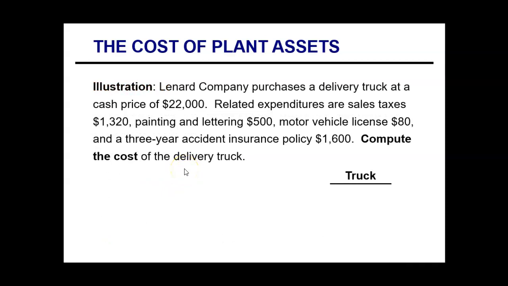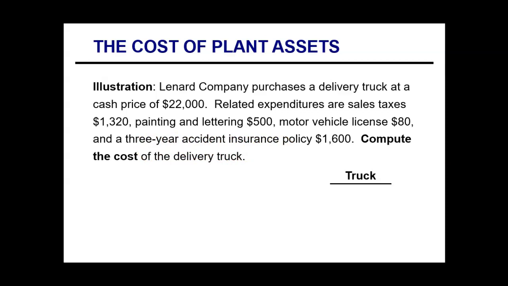So now we have a delivery truck with a cash price of $22,000. We paid sales tax of $1,320, paint and lettering $500, the vehicle license $80, and a 3-year insurance policy for $1,600.